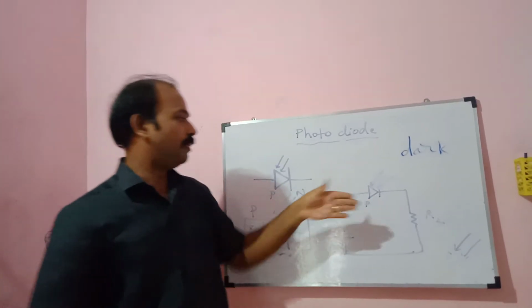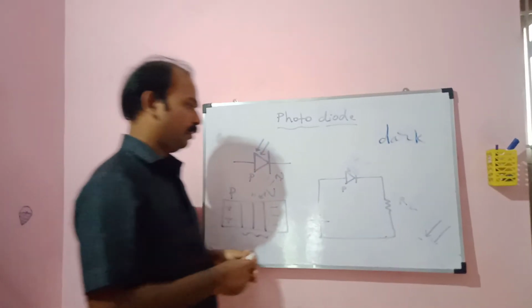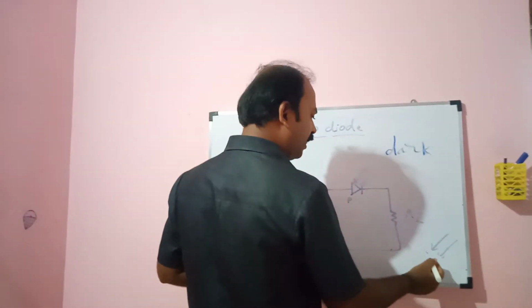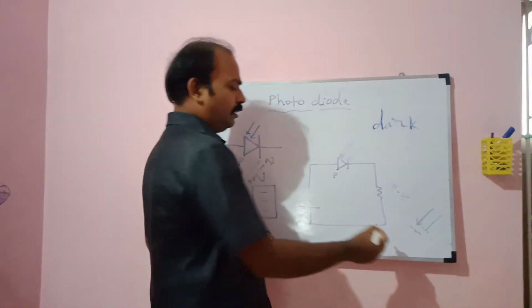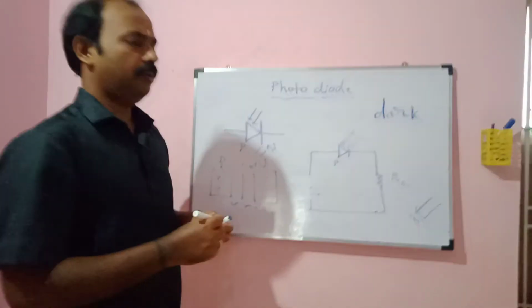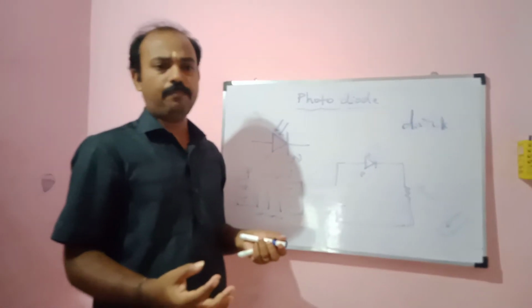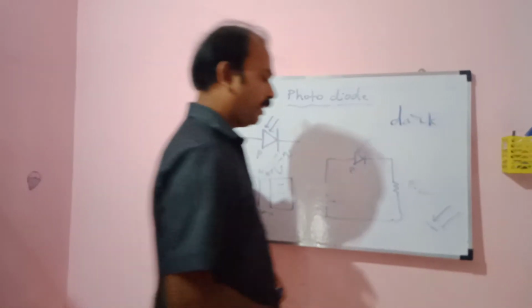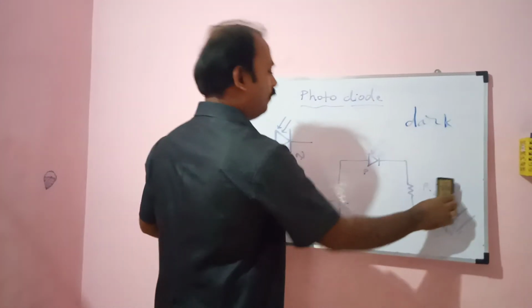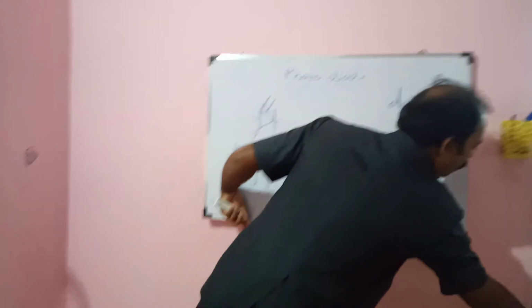So already explained the principle, construction and working of this photodiode. Now we want to see how these photodiodes are operated. The photodiodes are operated in three different modes.